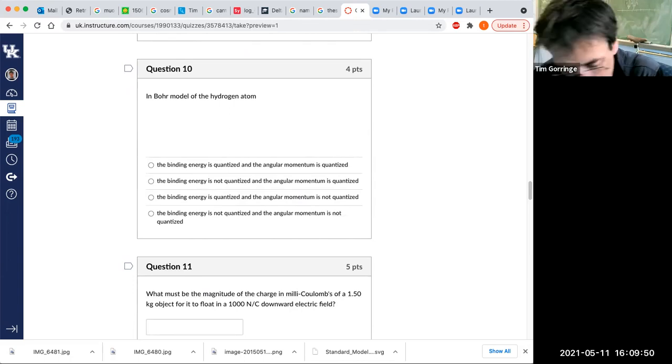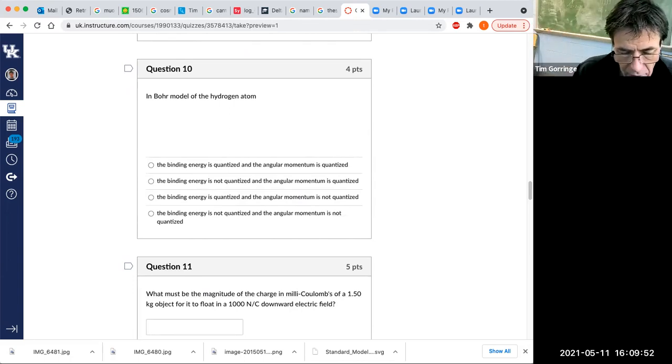Okay, question number 10. We're asked about the Bohr model of the hydrogen atom. Remember, this is the model that incorporates both particle-like and wave-like features of the electron that makes up a hydrogen atom.